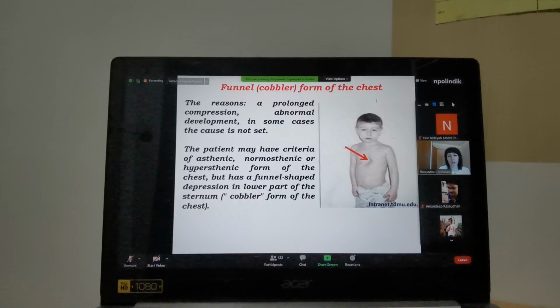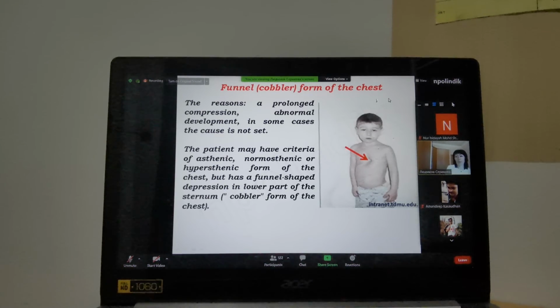Now after that, we have the funnel chest. Patients can have any type, asthenic, non-asthenic, or hypersthenic form of the chest, but in addition, we have a fossa, a compression in the lower part of the chest.